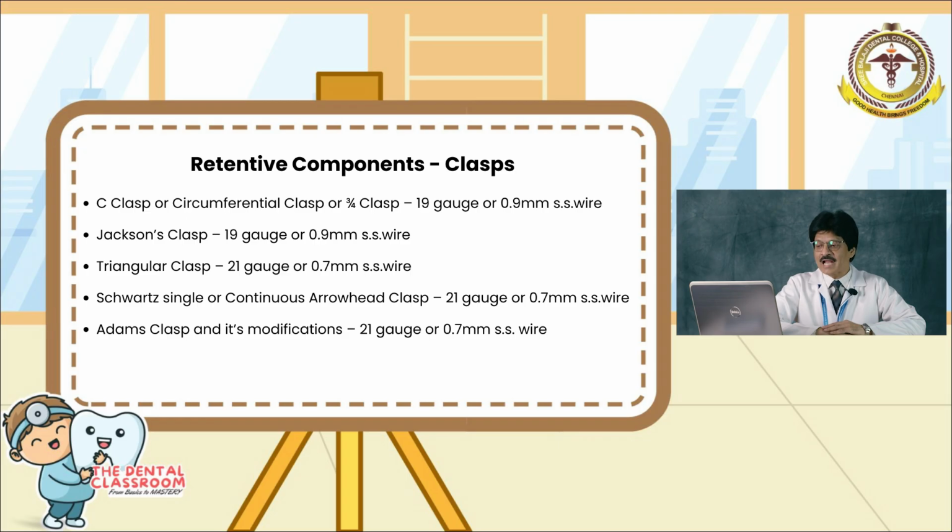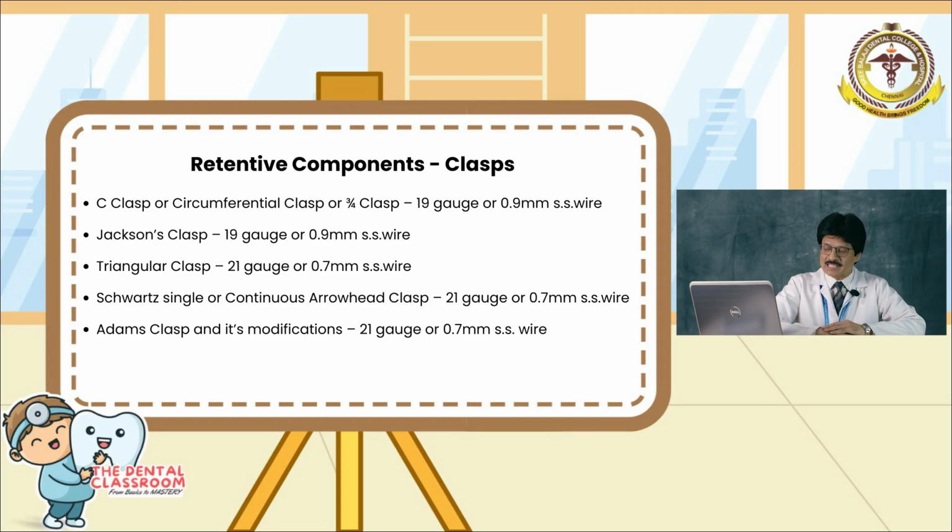The triangular clasp is made up of 21 gauge or 0.7 millimeter stainless steel wire. Schwartz single or continuous arrowhead clasp is made up of 21 gauge or 0.7 millimeter stainless steel wire.